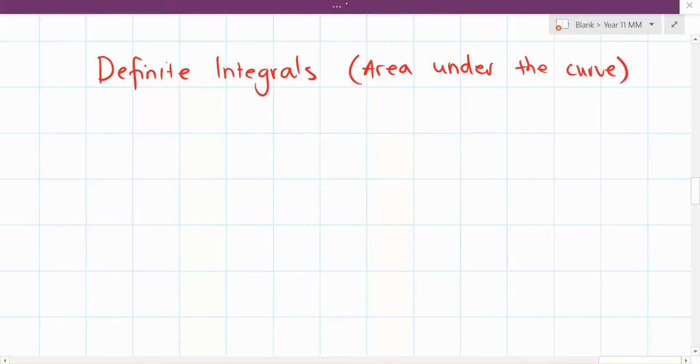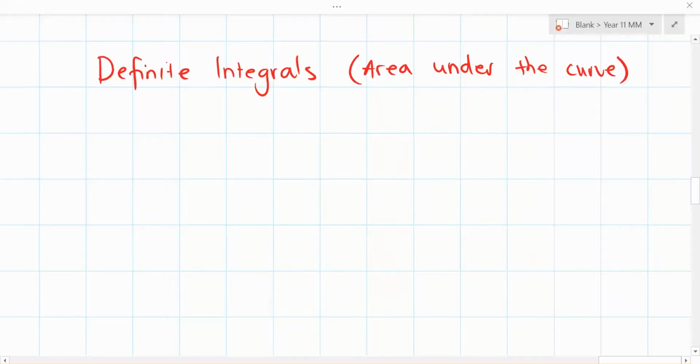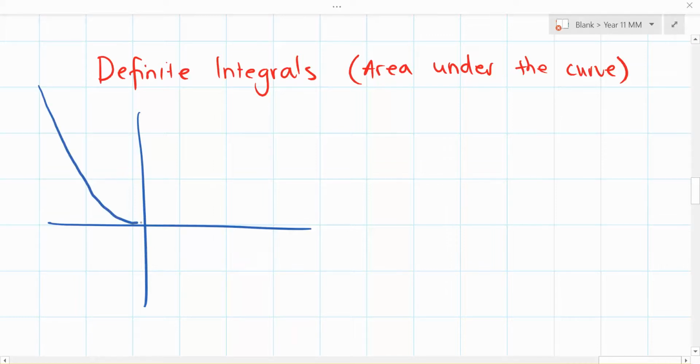So let's take an example. Let's say I had the graph x squared. X squared is always nice because most kids understand it. So let's say the curve is equal to x squared, right? Now, you can't find the area under a curve unless I tell you an interval.